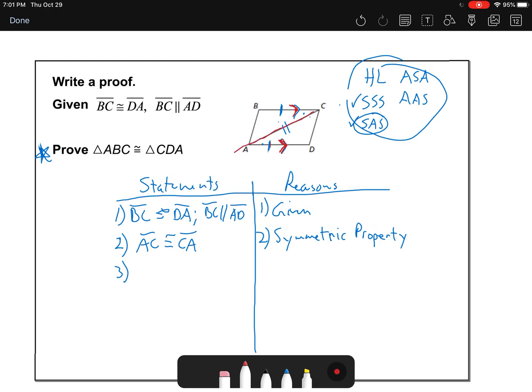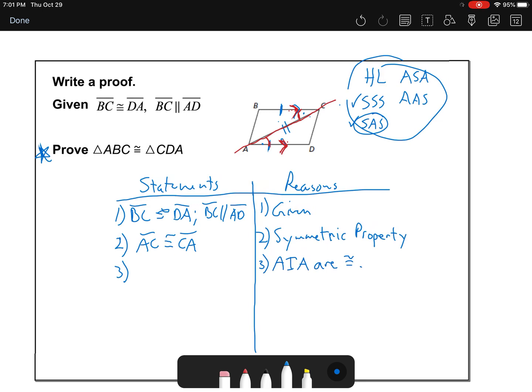And here's your transversal. So this angle and this angle are formed by those 2 parallel lines and this transversal. Hey, what kind of angles are those? Right. Those are alternate interior angles. And we know that alternate interior angles are congruent when lines are parallel.